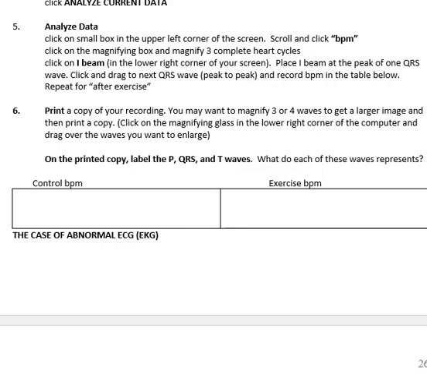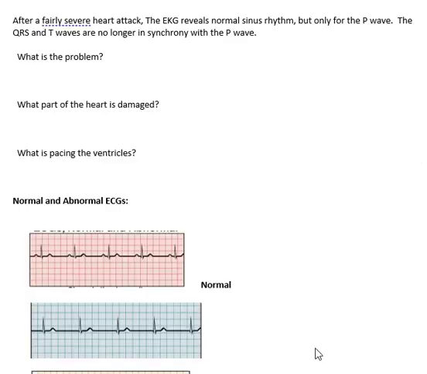So they want you to always be careful about who your patient is and what would be a normal reading for that particular patient before you start saying, well, this person has bradycardia or tachycardia. Brady means too slow a heartbeat. Tachycardia means too fast a heart rate for that particular age and sex person.